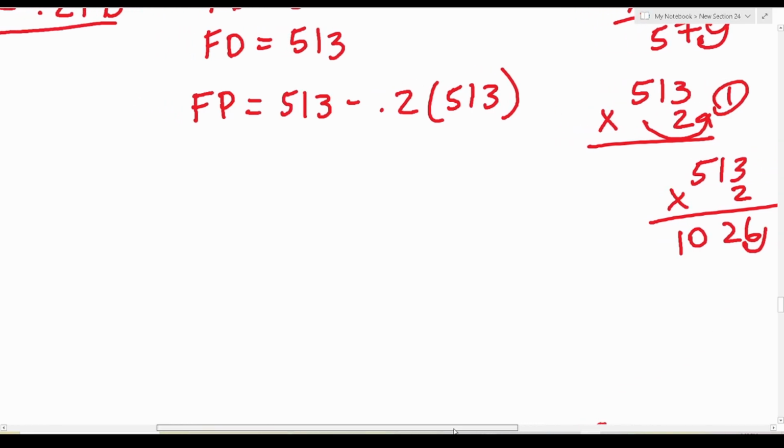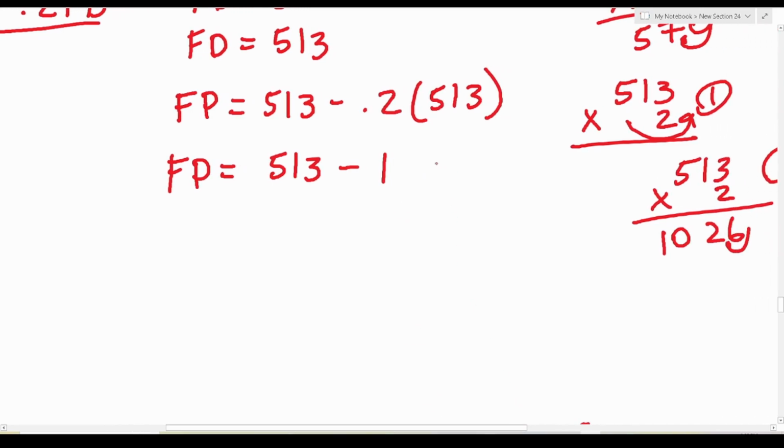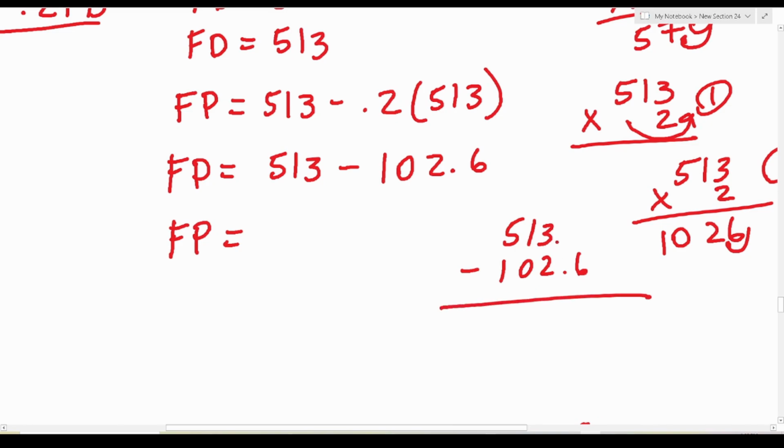So we can see that final price is going to be 513 minus 102.6. And of course, you can work that off to the side as needed. This is 513 minus 102.6. Let's add a decimal here and a 0 here. 0 minus 6 we can't do.